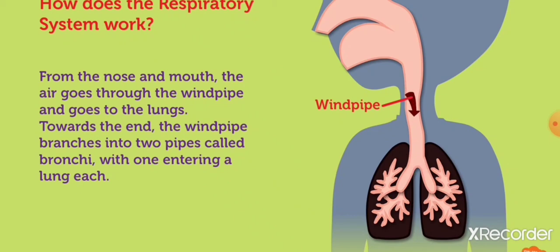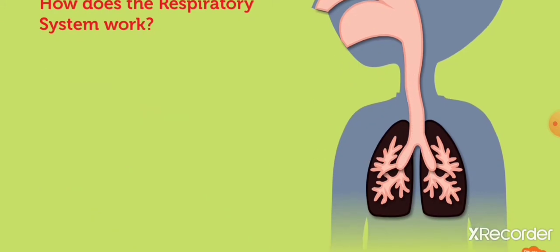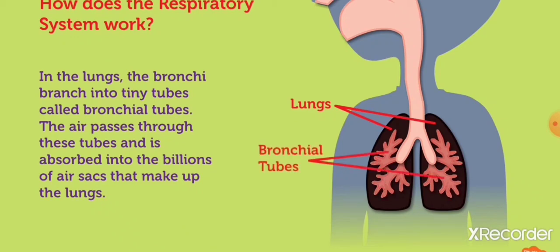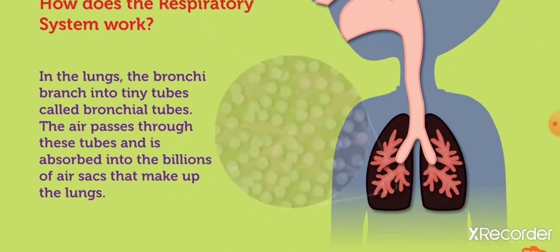Towards the end, the windpipe branches into two pipes called bronchi, and the air enters in the lungs. There, the air passes through these tubes and is absorbed into the billions of air sacs that make up the lungs.